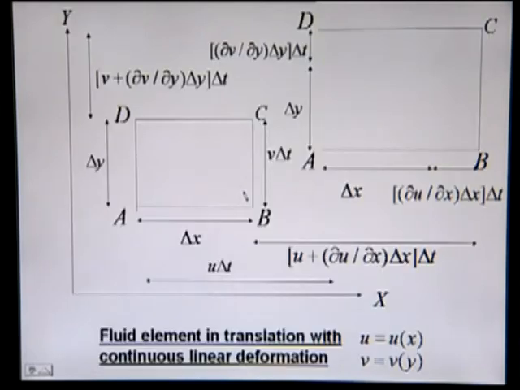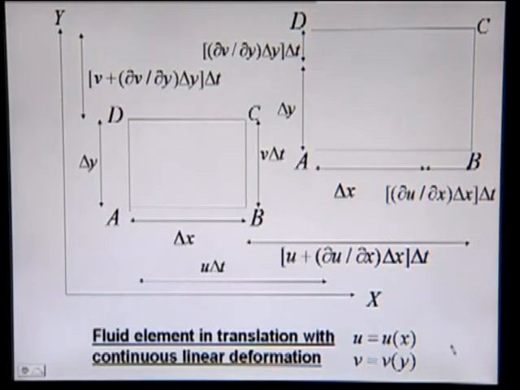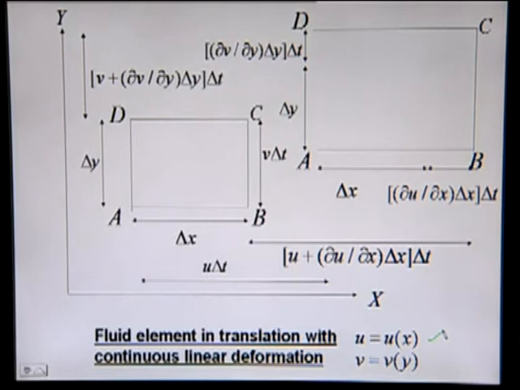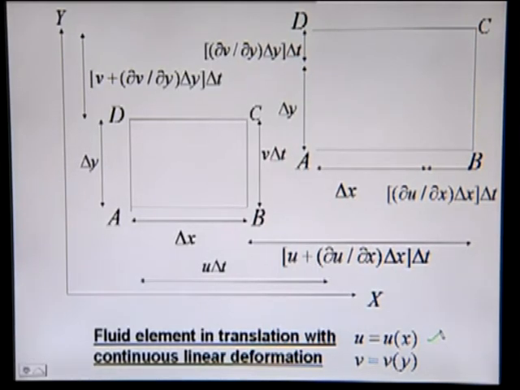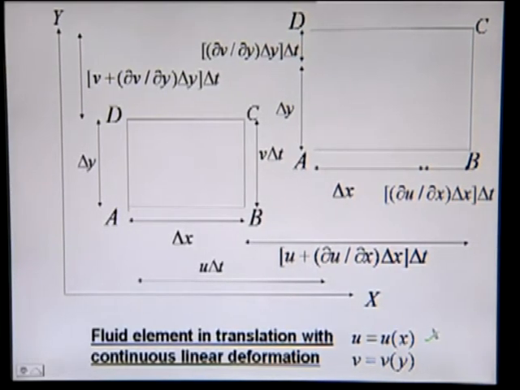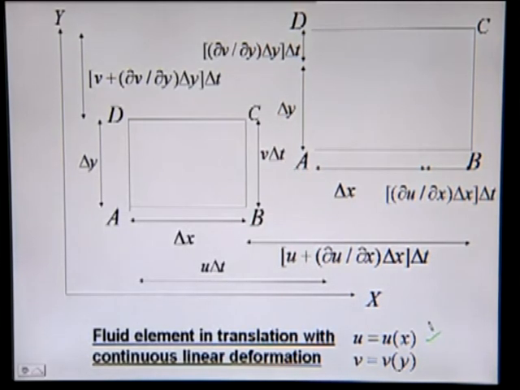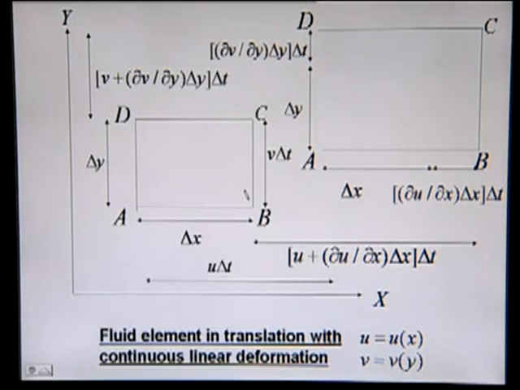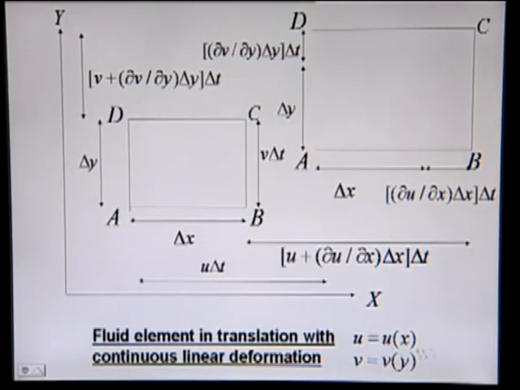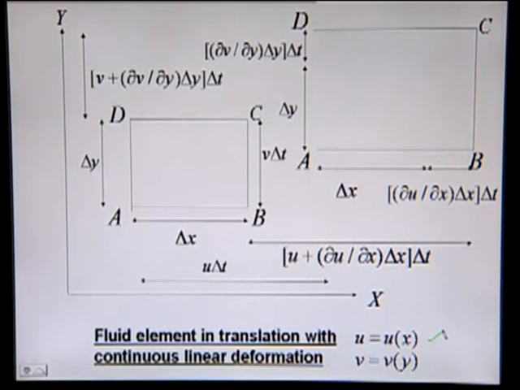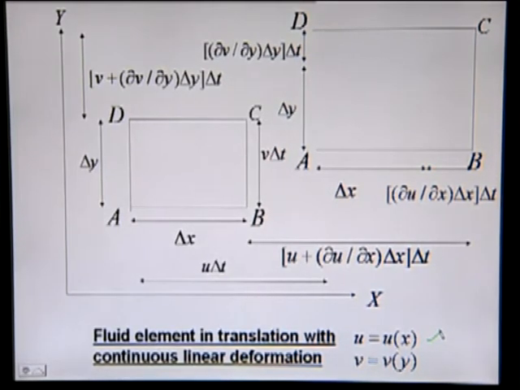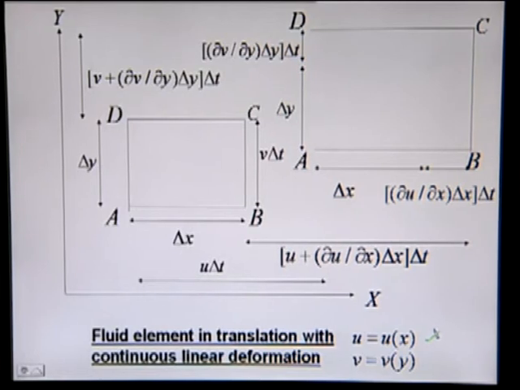Now we may have another situation where in a fluid region u is a function of x. U is a function of x means u is varying in x direction, and v is a function of y means v is varying in y direction. If u is varying in x direction, v is varying in y direction, then the fluid element A, B, C, D gets deformed and takes this position A', B', C', D' after time delta t.